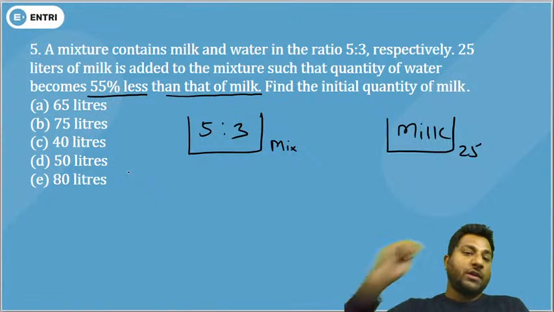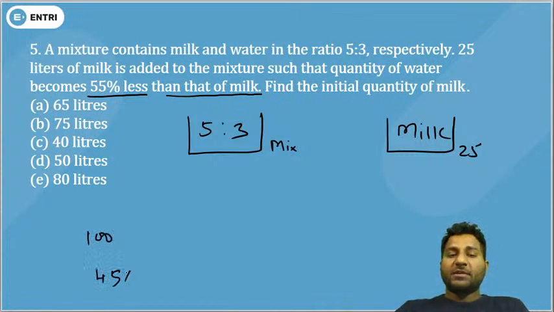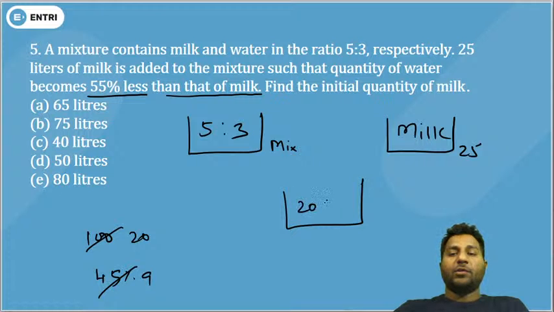So let's say milk was 100% and water will become 45%. That means 5, 20, 5, 9. So 20 by 9 ratio will become, okay, 20 by 9.